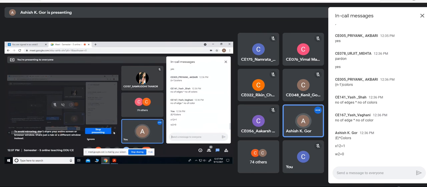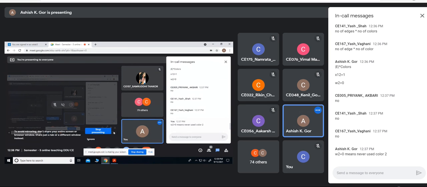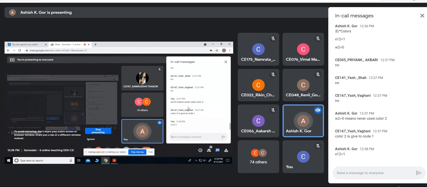Is it possible? No. Why not? Because W2 is 0, which means you haven't used color number 2 anywhere in this graph. And now you are saying color 2 is given to node number 1, which means X12 is 1. So that contradicts. This should not happen.